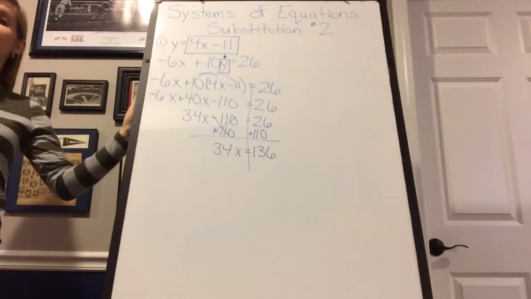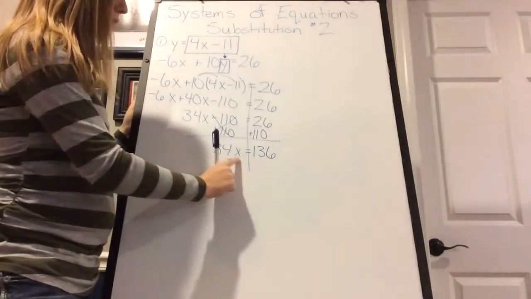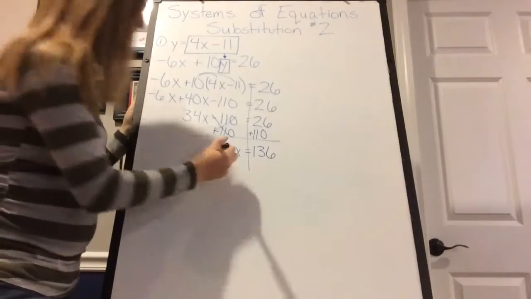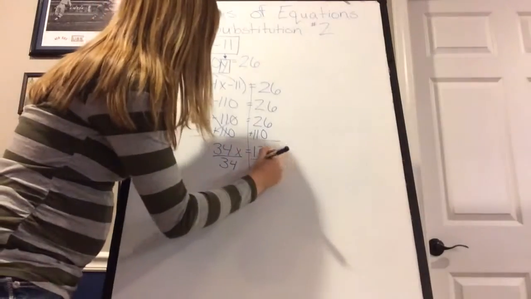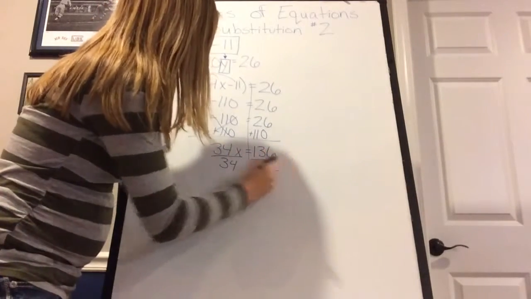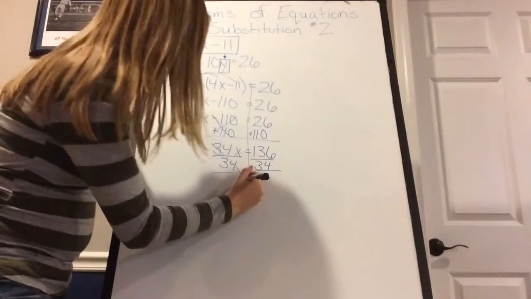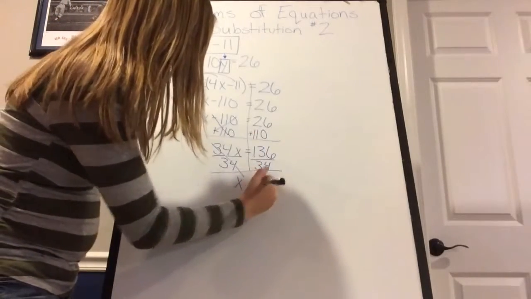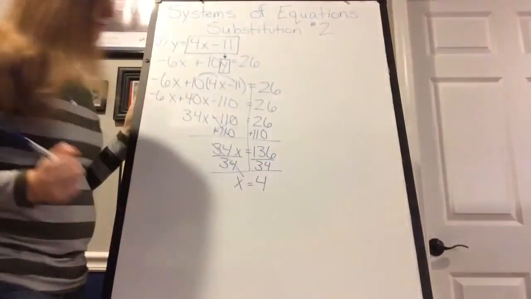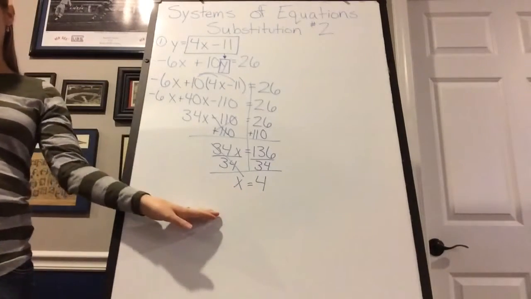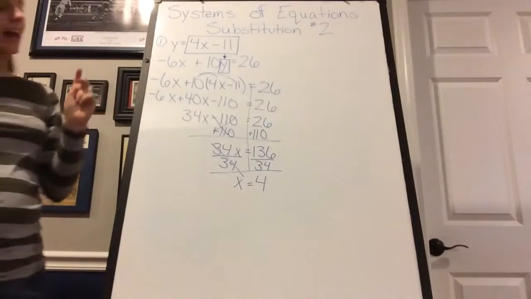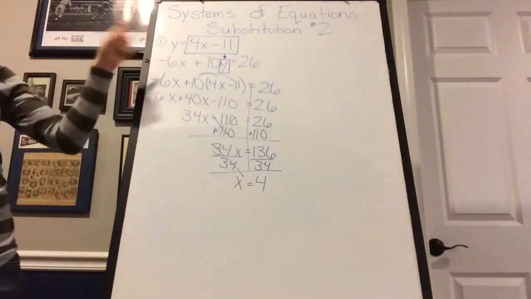Last step, we need to divide. All right, so 34x, that's multiplication. Opposite is division, so we are going to divide by 34. So the 34's cancel, and I get x equals 4. Positive 4. Now, that's part of my answer. Remember, we need two answers. I need an x and I need a y.